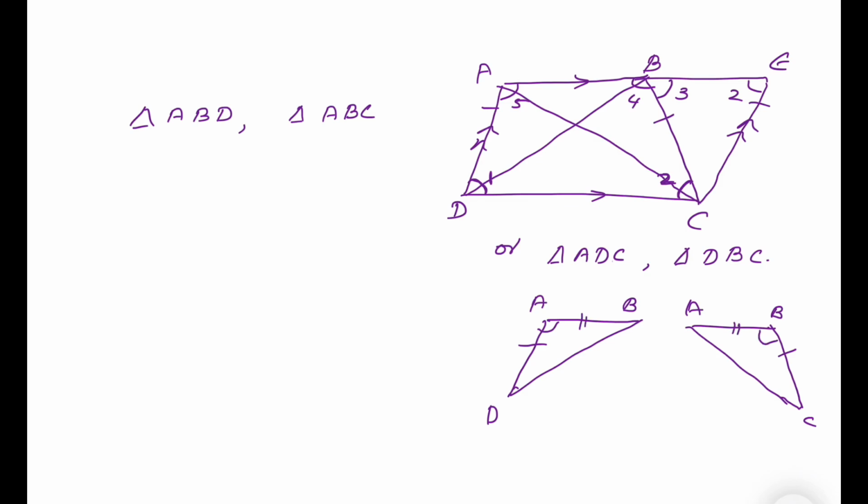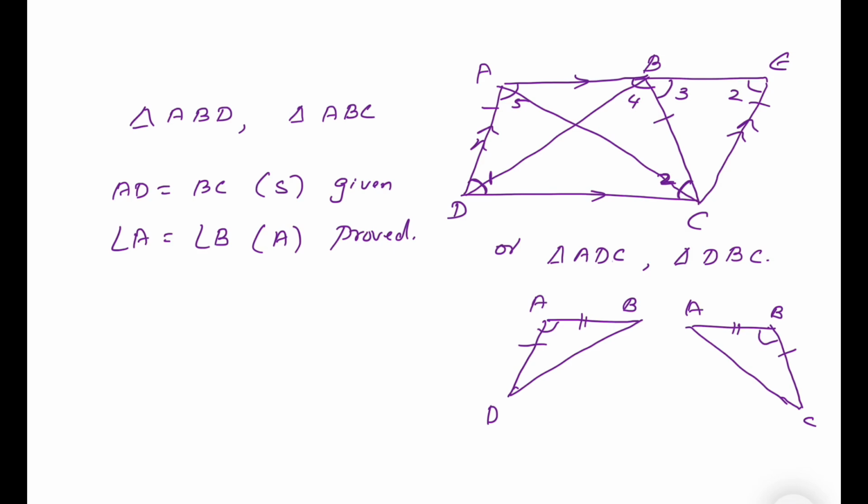So SAS is what we are going to use. AD is equal to BC, given. It is an isosceles trapezium, so the non-parallel sides are equal. Then angle A equals angle B, proved, and then AB equals AB, common side.